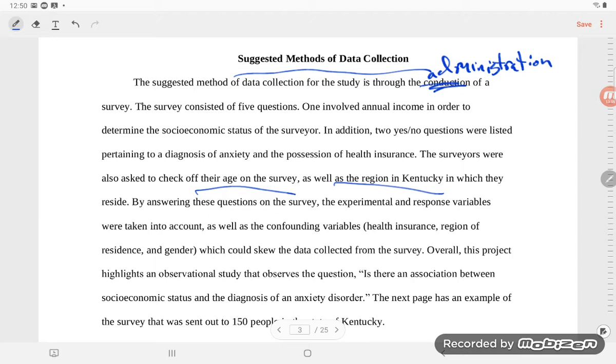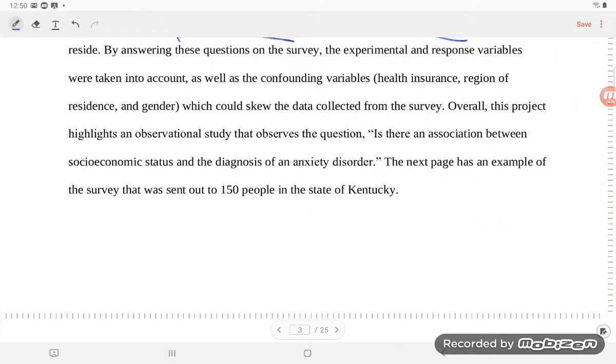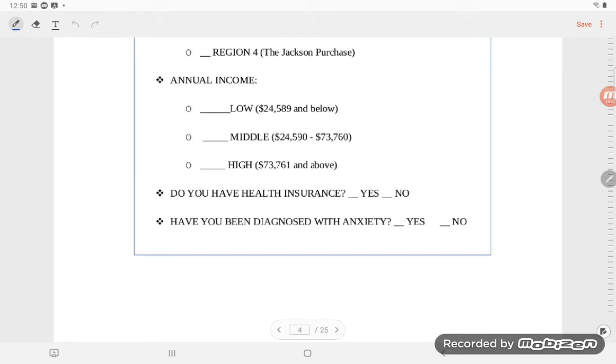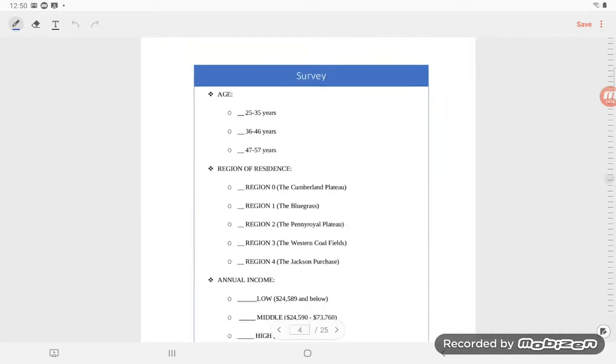Now, you want to make sure that they could tell you what region that was, and do they know what region that is? Okay, and so see, now they have a sample form.